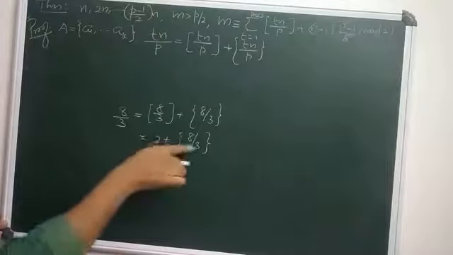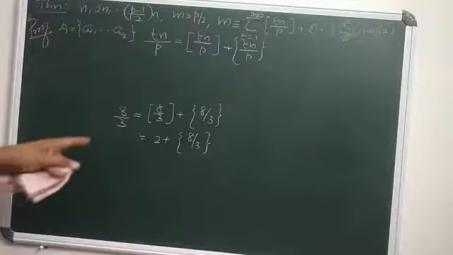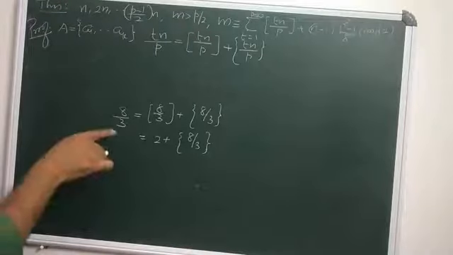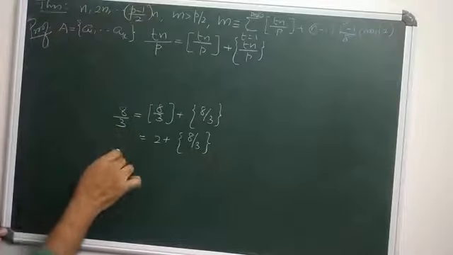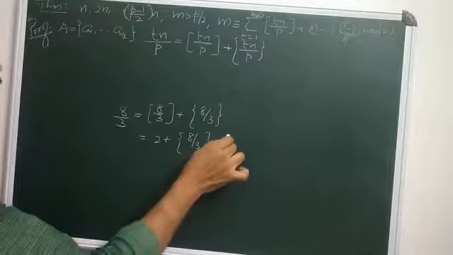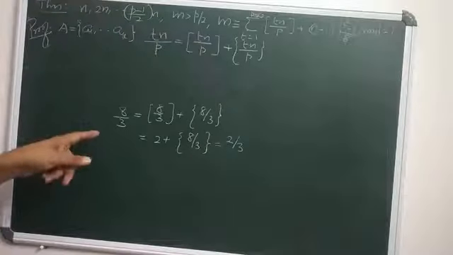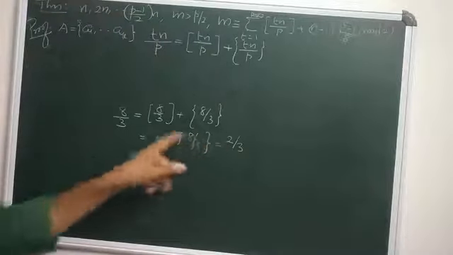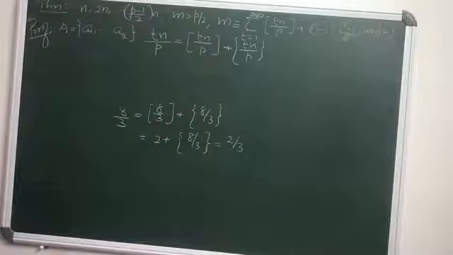What is the fraction part? If you divide 8 by 3, the quotient is 2, but the fraction part of 8 by 3 is 2 by 3. Agreed. So 8 by 3 is nothing but 2 plus 2 by 3. That is, it can be expressed as the integer part of 8 by 3 plus the fraction part of 8 by 3.